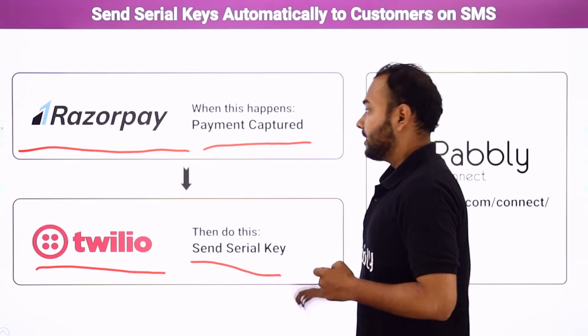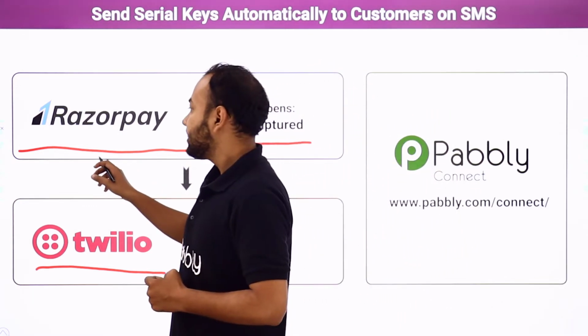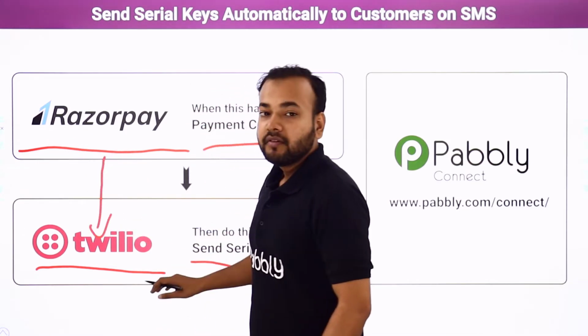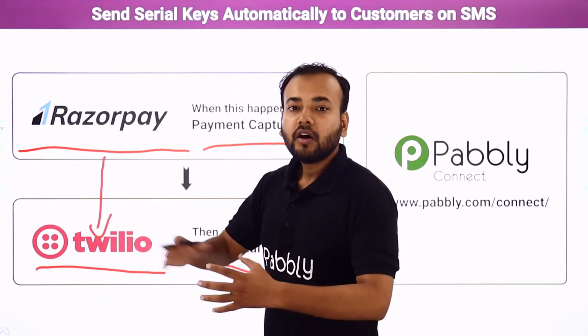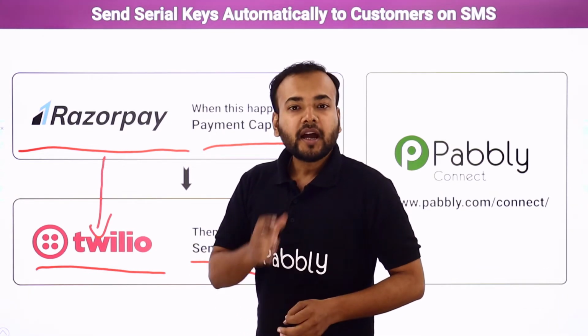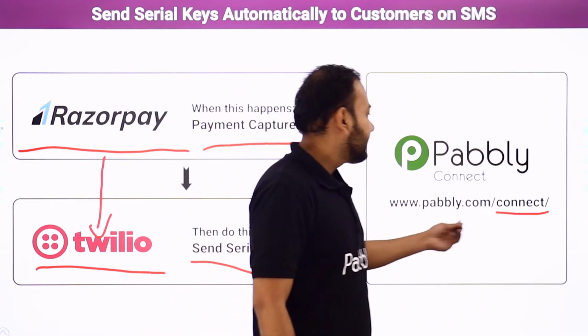What if I tell you that as and when you receive a payment for your software here in Razorpay, an SMS will get automatically delivered via Twilio to the customers along with your serial key. Yes guys, this can happen, and to make this happen, I am using a software here called Pabbly Connect.